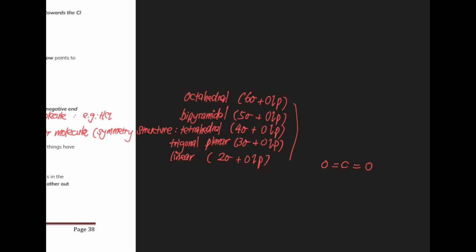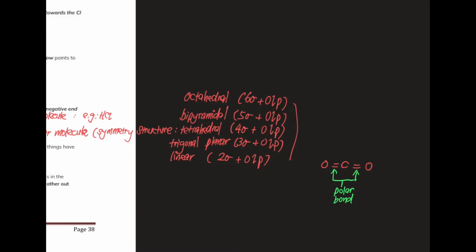So these two are polar bonds because oxygen is more electronegative than carbon. It has a linear structure where the dipole moments cancel off each other, and at the end it is a non-polar molecule.